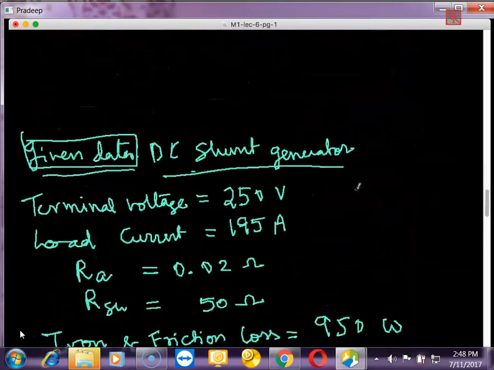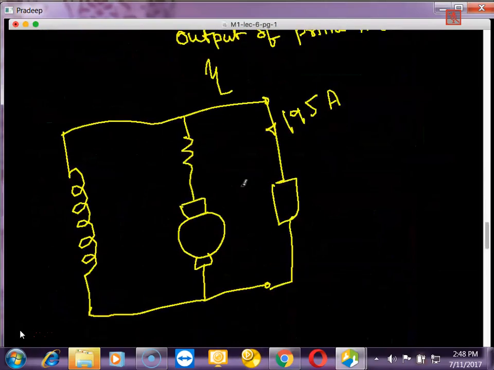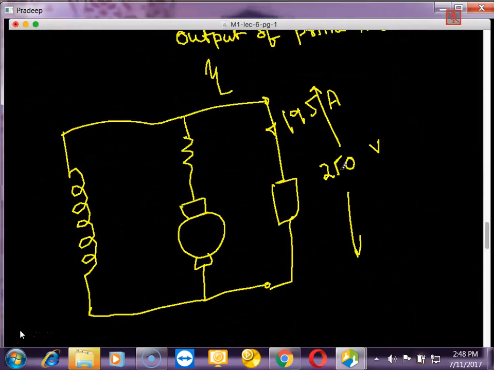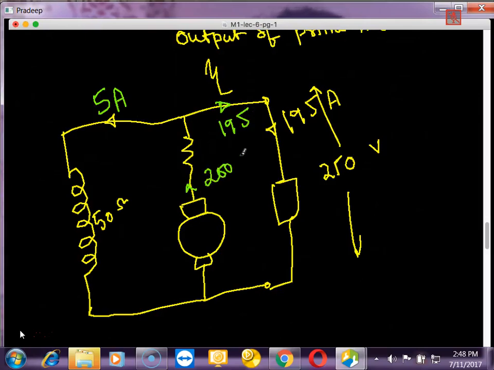So here the 50 ohms resistance is there. Therefore the field current will be 250 volts divided by 50, so the field current will be 5 amperes. On the right side I have 195 amperes, on the left side I have 5 amperes. So total current here will be 200 amperes. So this is the armature current.